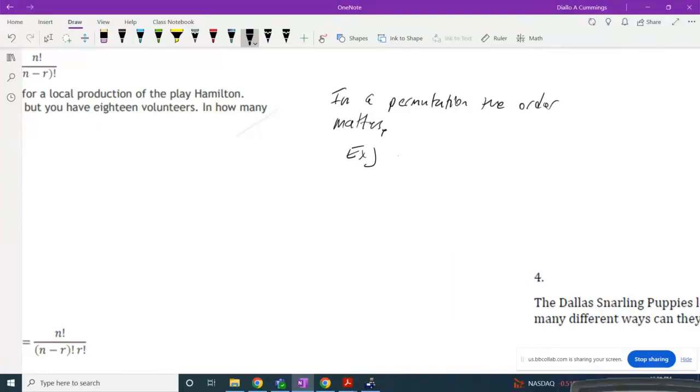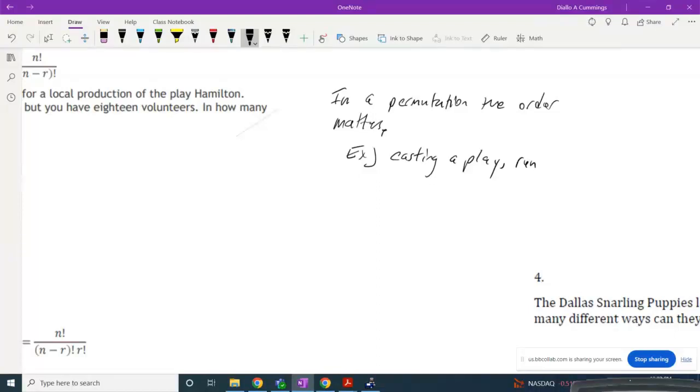So here are some examples. Casting a play. This is why the order matters when you cast a play, because certain people can only play certain roles in the play. Like if you're doing Romeo and Juliet, you may not want a male to play Juliet. So there's a certain order to things.